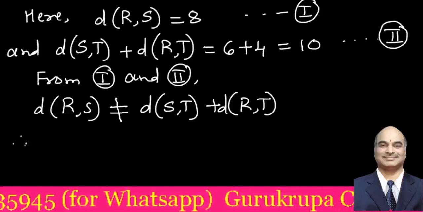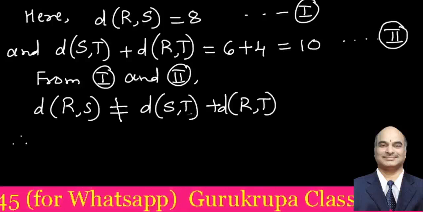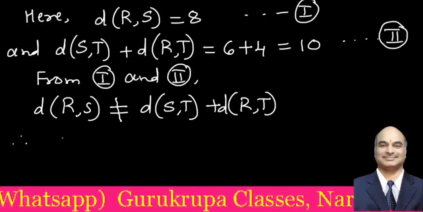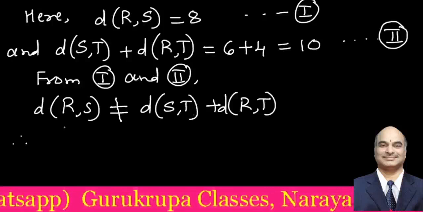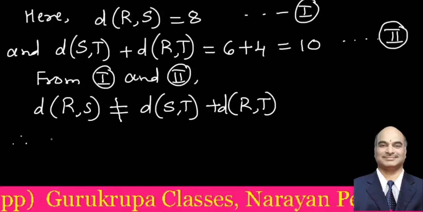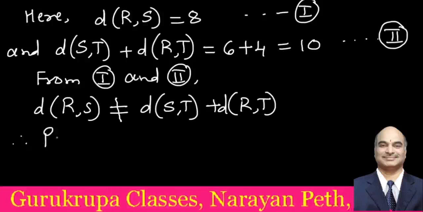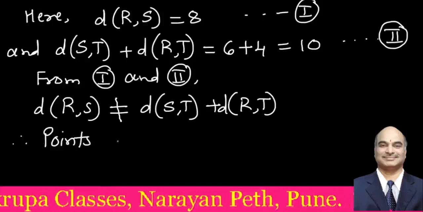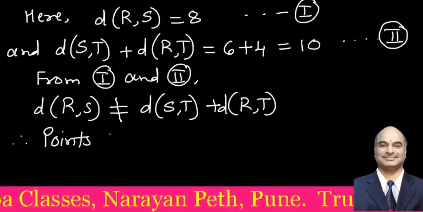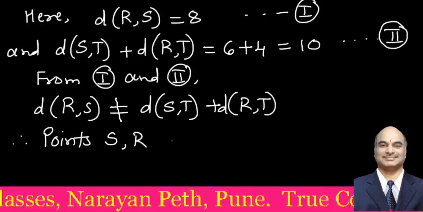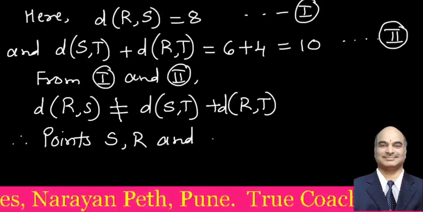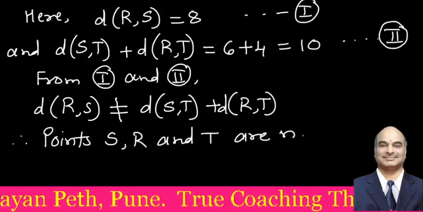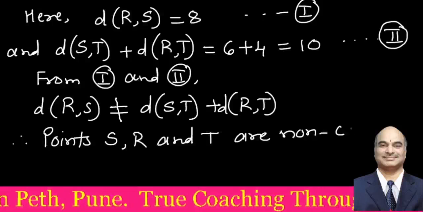Therefore the common point T does not lie between S and R. So the points S, R and T are non-collinear points.